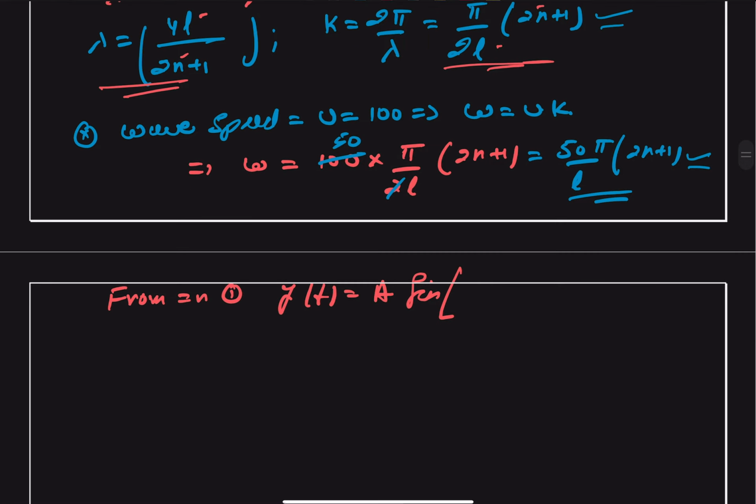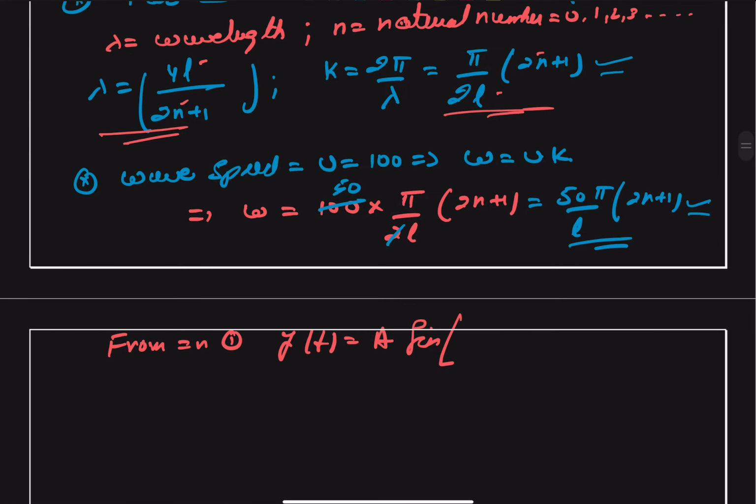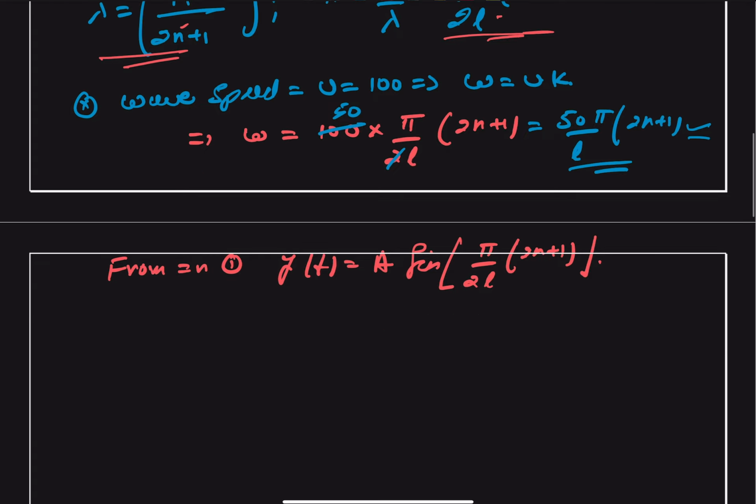We substitute the value of k, which is pi by 2L times (2n plus 1), and this will multiply by cos of omega t, and omega we just found out is 50 pi upon L times (2n plus 1). So this is our final general equation.